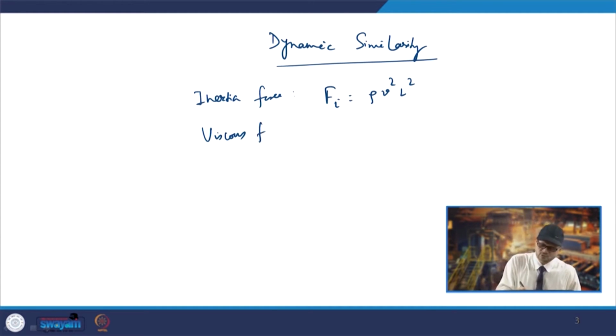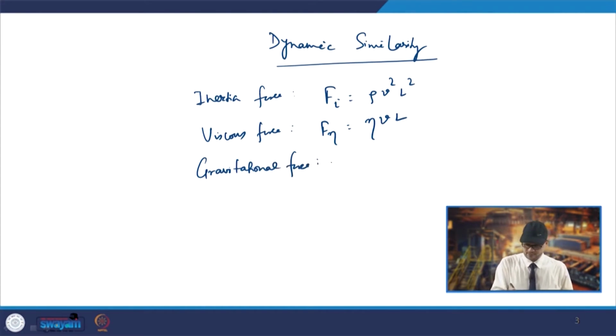So, viscous force will be F eta, which is eta into V into L. So, that is your viscous force. Similarly, you have gravitational force. Gravitational force is Fg, and it is defined as rho g into L cube.